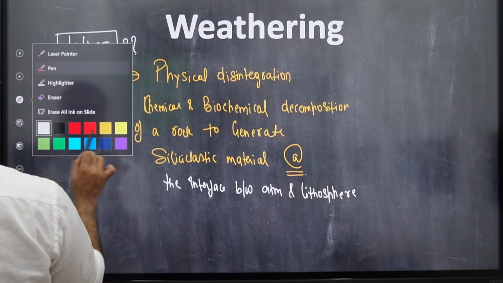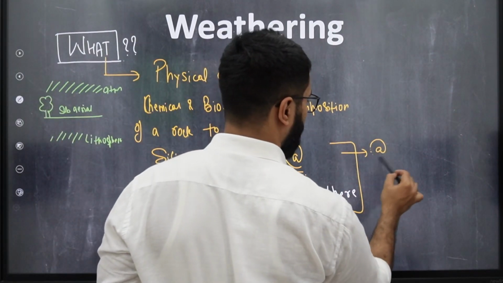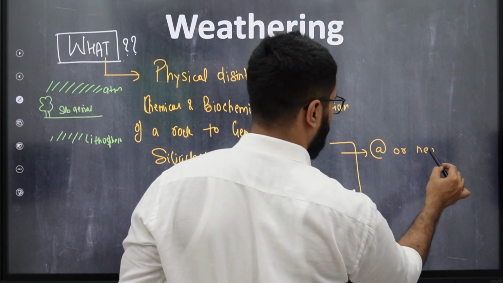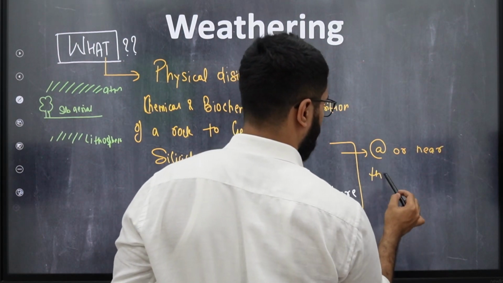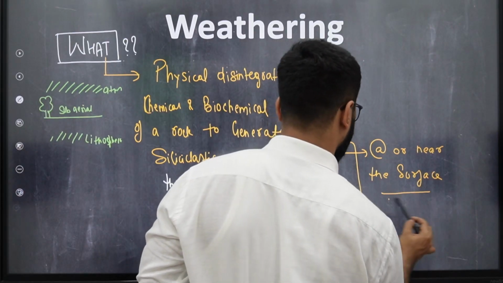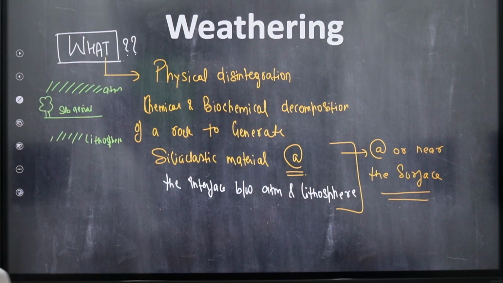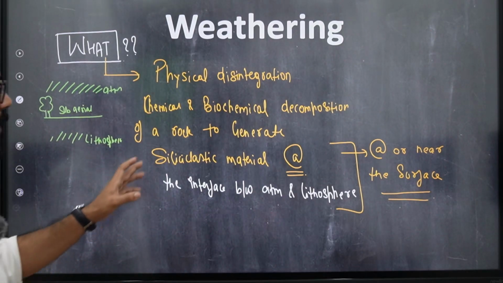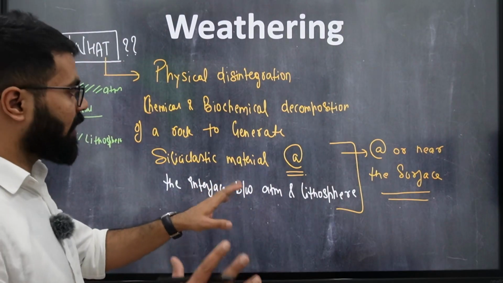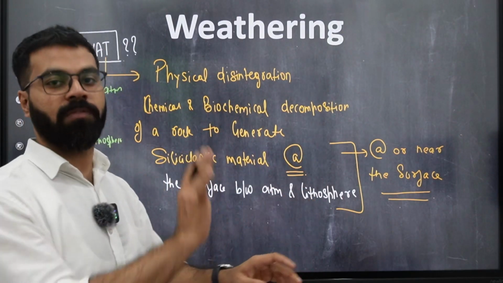If I were to write this in easier language, I would have said at or near the surface. So now we have defined weathering, and very comfortably we have talked about each and every part. We have basically weathered the definition of weathering.